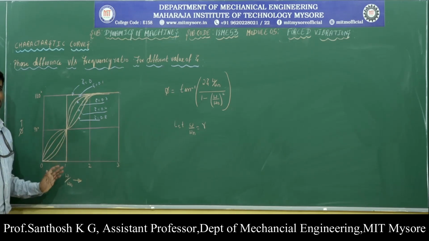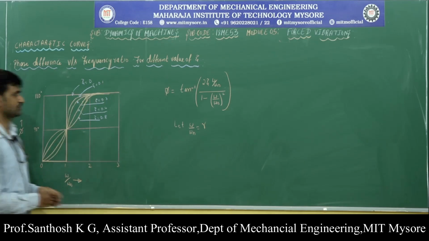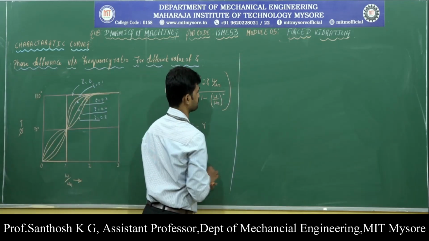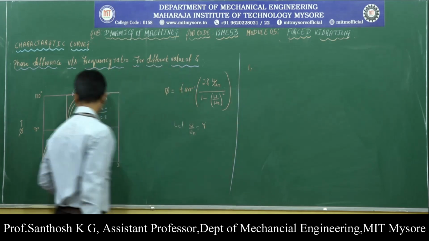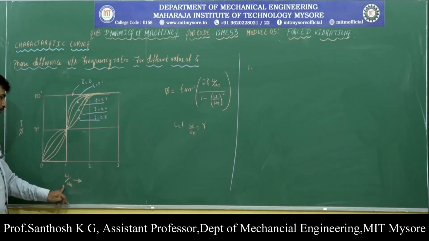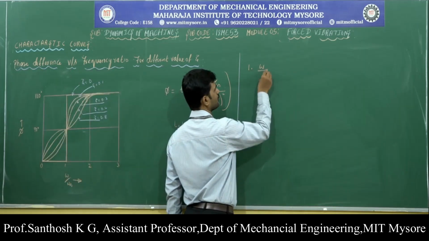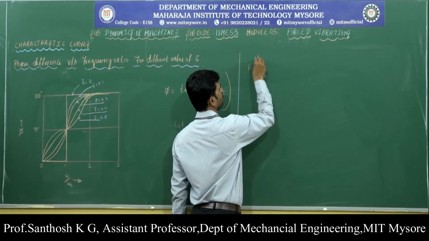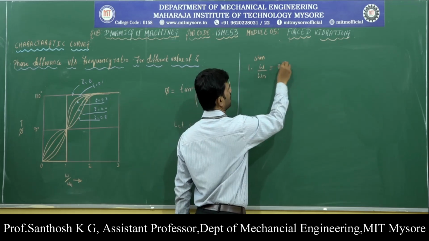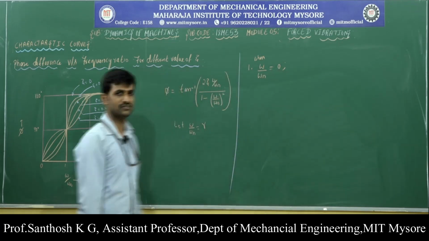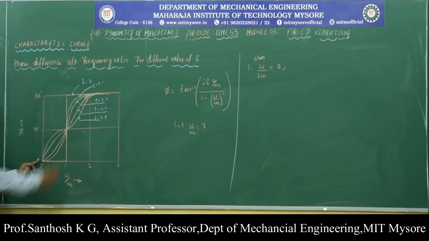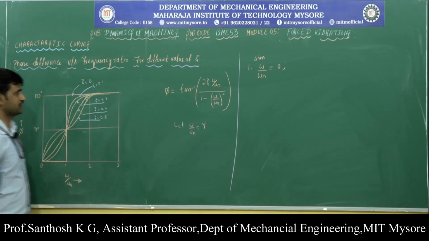The first conclusion is when the value of omega by omega n is 0. Then all the curves have a phase difference of 0.